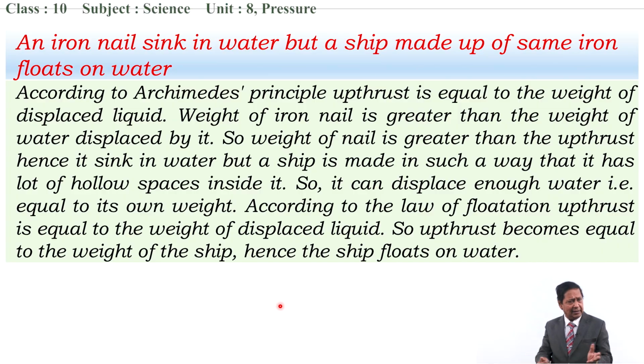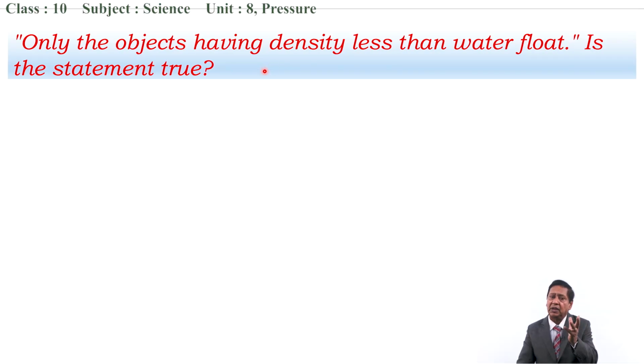Okay, now there is another question, another statement also. This is a common statement that only objects having density less than water float. Is this statement correct? If you are told that only objects having less density float on water, is this statement correct?